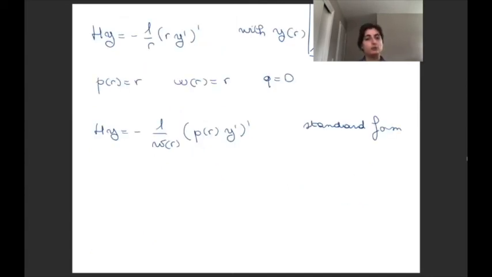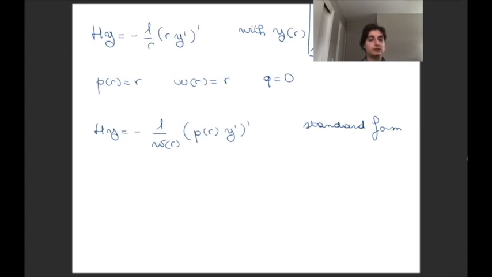We can write our Sturm-Liouville problem. We can write our differential operator H as minus 1 over r, parenthesis r y prime close parenthesis prime, where we assume y is a function of r.